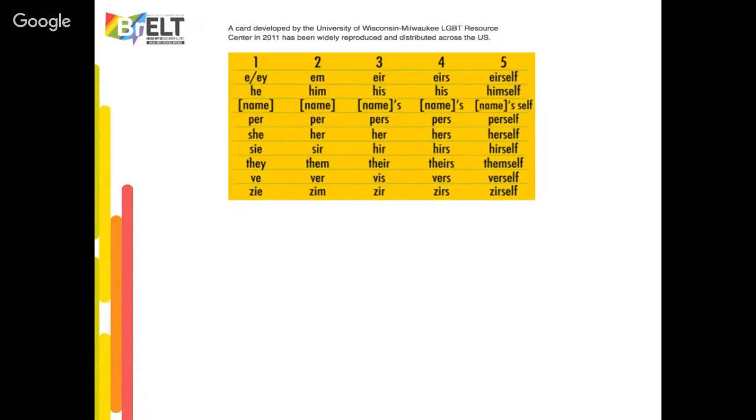And it has been widely reproduced and distributed across the US. And here I decided to show you this because it shows how many options of pronouns we have in the English language. And again, I'm not a specialist. I cannot talk to you about all of them, but I just wanted you to see that we have many more than just the she and he that we usually call people, right?